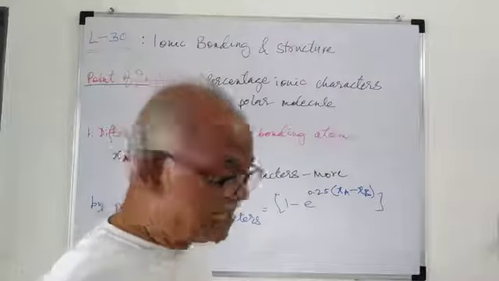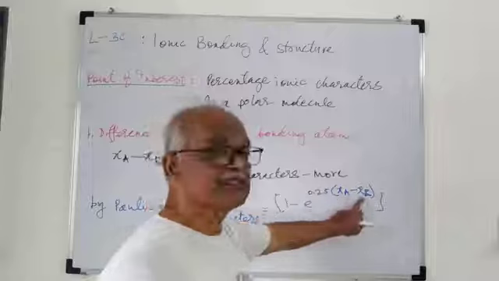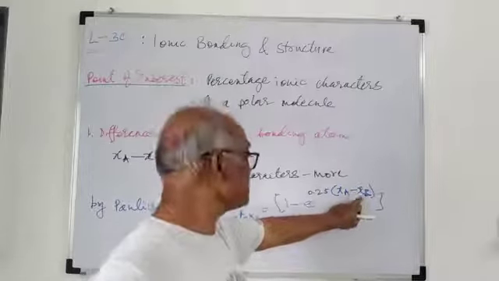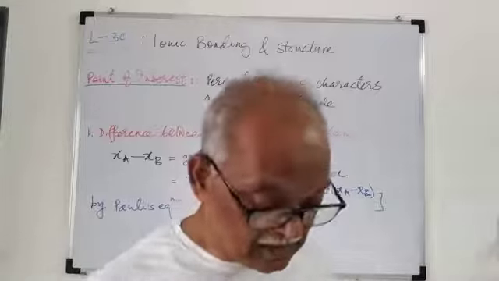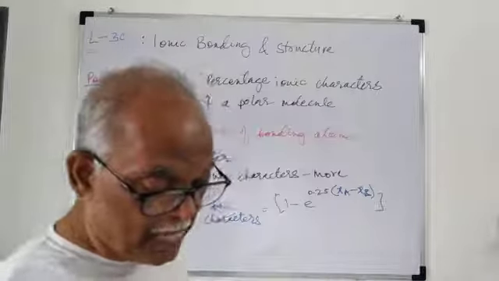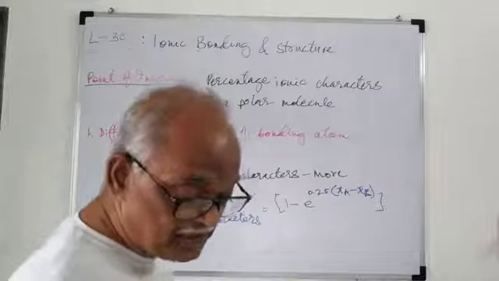Here we can find this Xa minus Xb, that is the difference between the electronegativity values of bonding atoms. So this will give us the values, and we can compare these values.